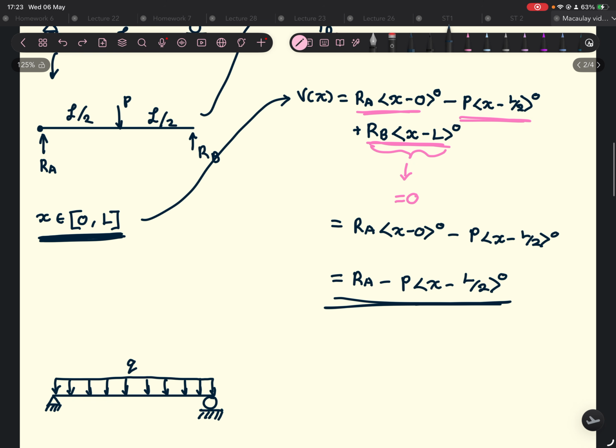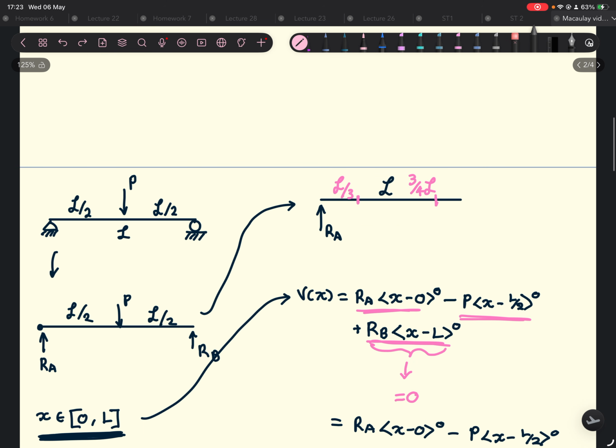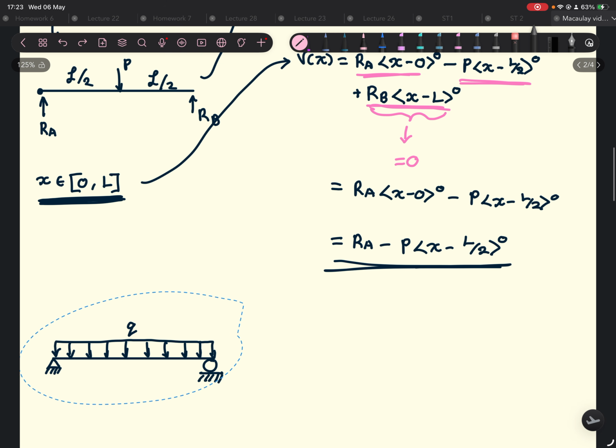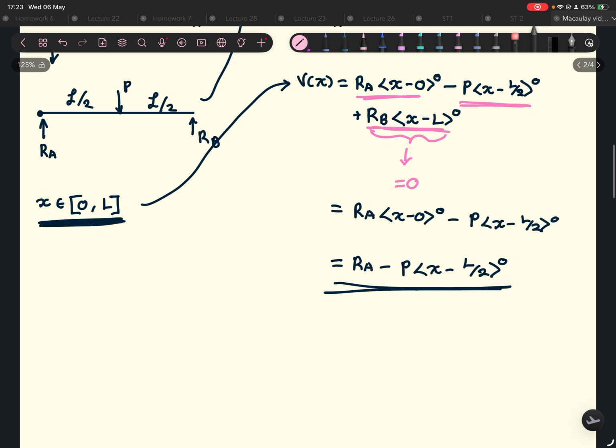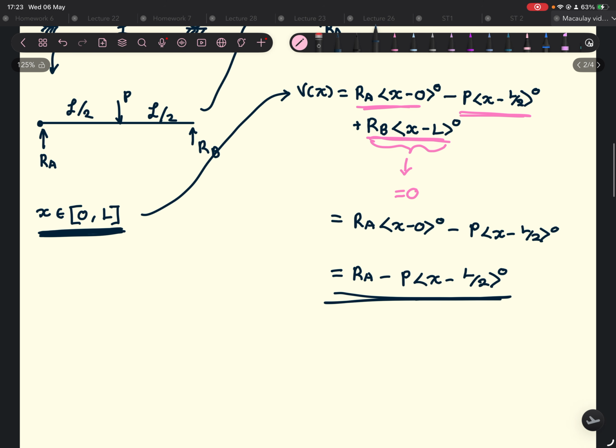So if you were to consider the bending moment for this example, I'm just going to move this one down. If you consider the bending moment for this example, you have RA, right? RA is going to induce a moment along the entire length of the beam. So no matter where you section, RA is going to have an effect on the moments in the beam. So if you section here, right, you're going to have RA, and then I'm going to call this length X, and then what's the convention?